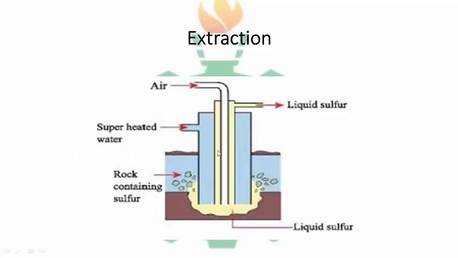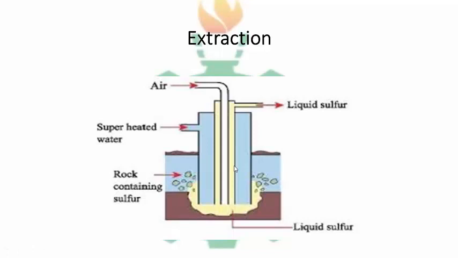This causes a decrease in the pressure, thereby forcing the liquid sulphur to come out through the third tube. The superheated water melts the solid sulphur, forming the liquid sulphur. Then hot compressed air is passed to reduce the pressure, thereby causing the liquid sulphur to move up the third tube.